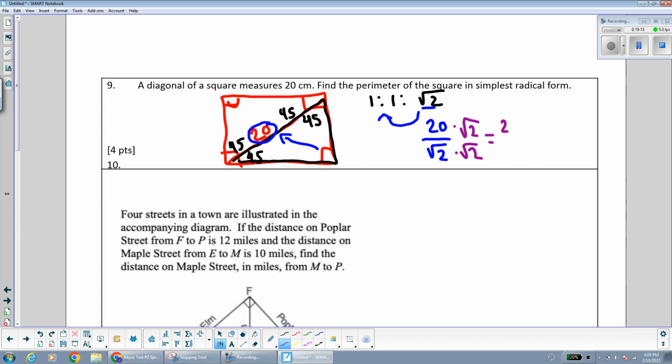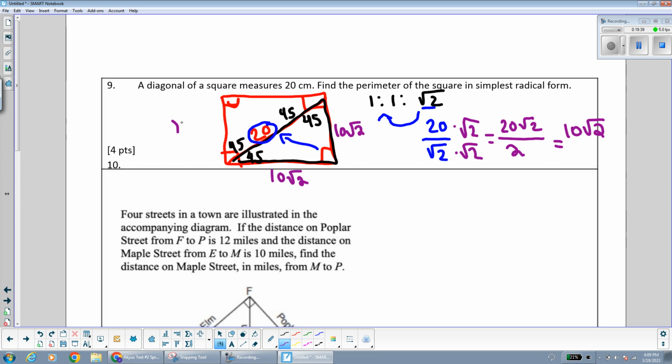So on the top, we have 20 times radical 2, that's 20 radical 2, and radical 2 times radical 2 is radical 4, which is just 2. 20 over 2 divides evenly because we divide coefficients, so we have 10 radical 2. Now that is each one of the legs of this 45, 45, 90 triangle.